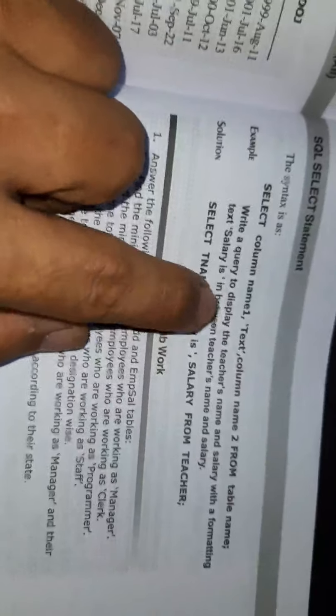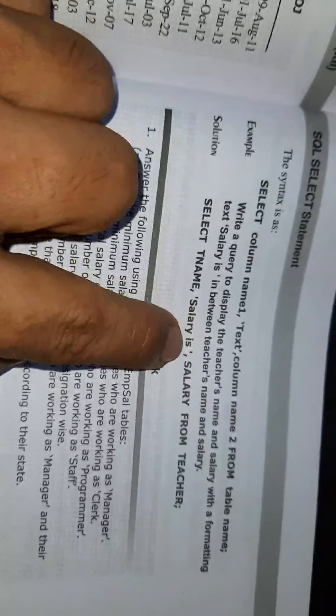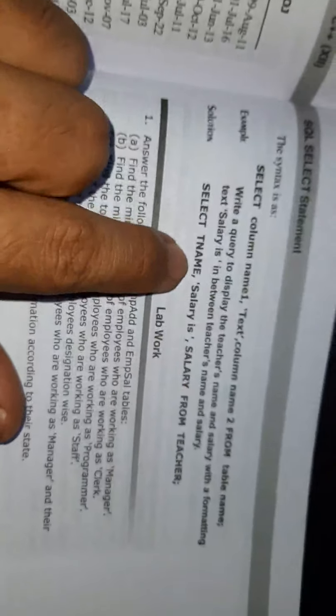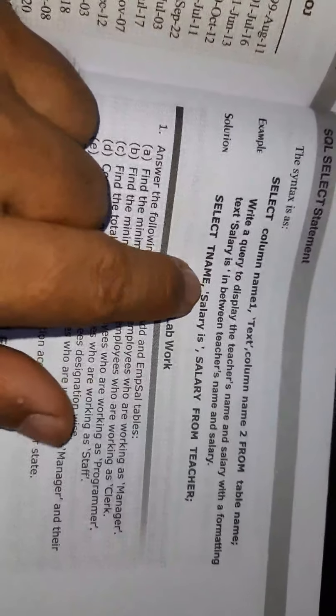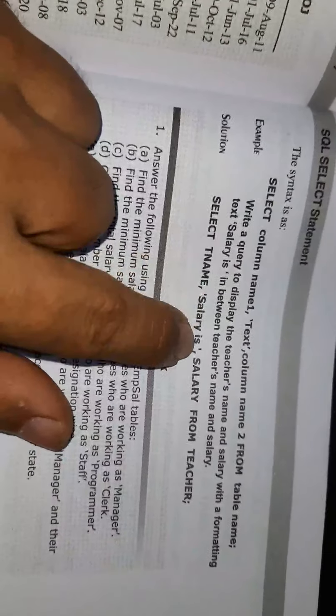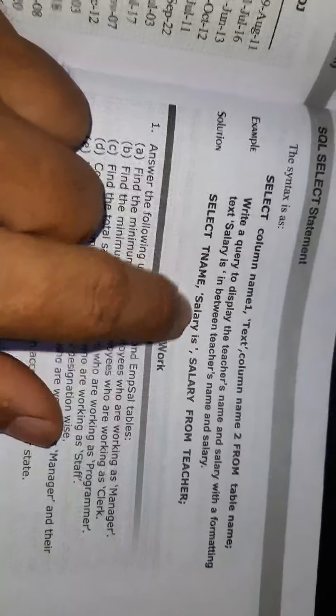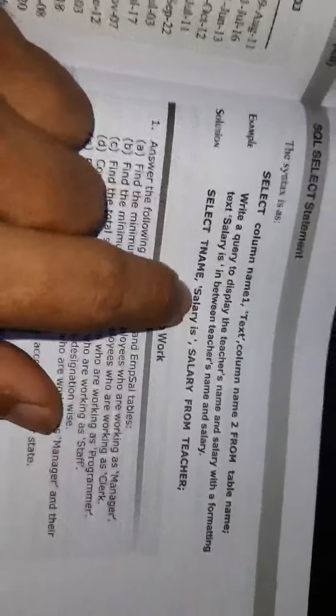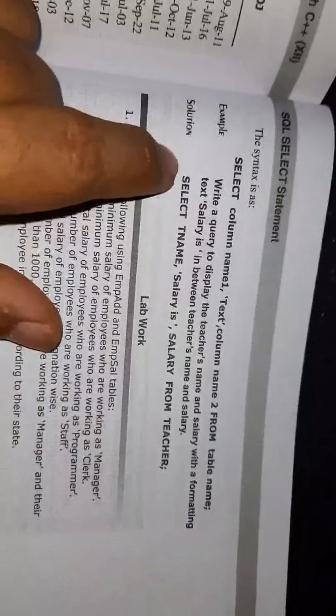Here you can see SELECT T name comma, 'salary is' enclosed in single quotes, separated by comma, salary FROM teacher. So when the table is displayed, the T name column will be displayed, the salary column will be displayed, and between them this string value "salary is" will also be displayed. So this is sort of like a comment in the query.